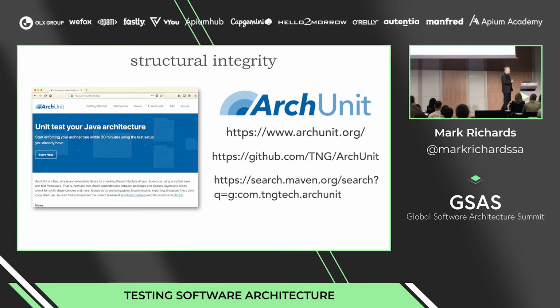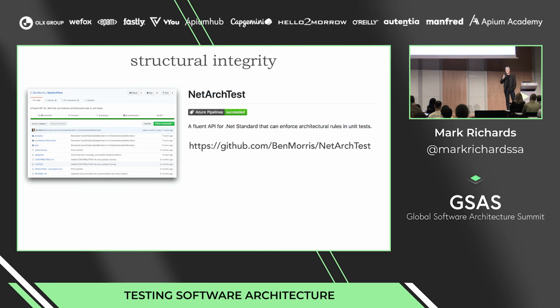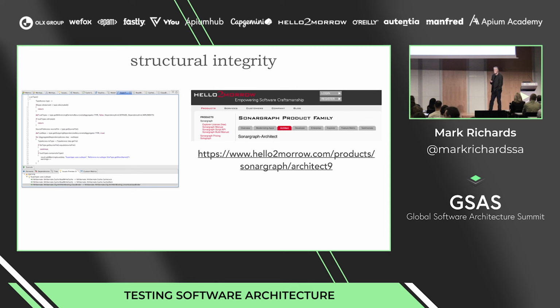In the .NET environment, ArchUnit.NET, NetArchTest. As a matter of fact, even one of the sponsors, Hello Tomorrow, SonarGraph. All of these tools allow us to codify, meaning write programmatic code for our constraints, our structural integrity in the system.